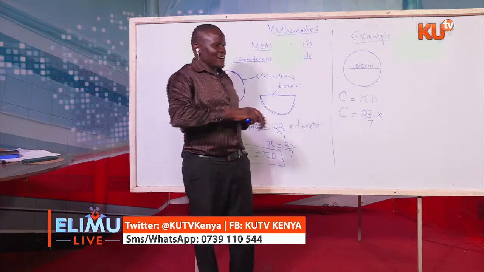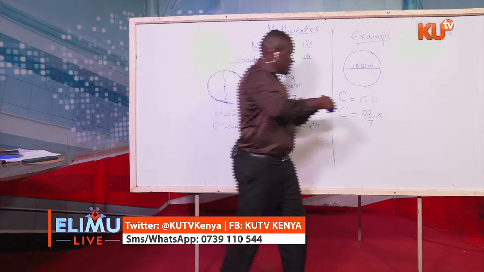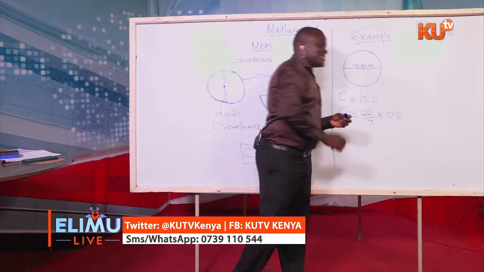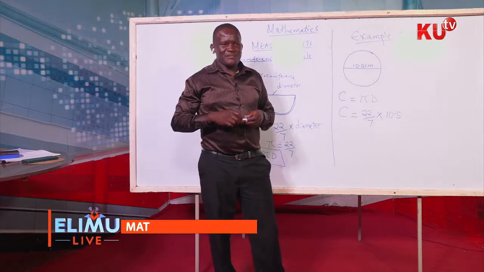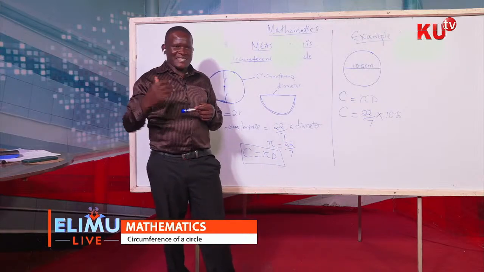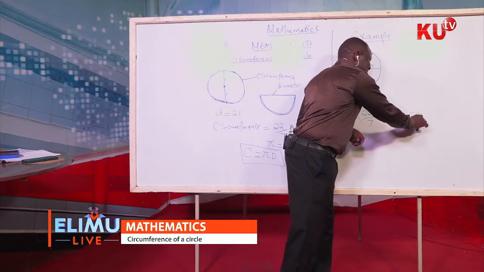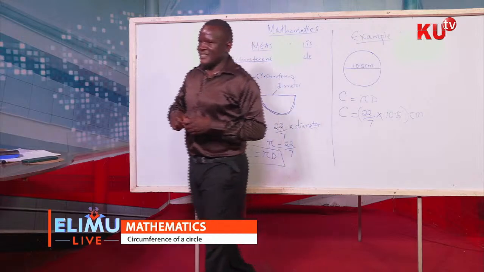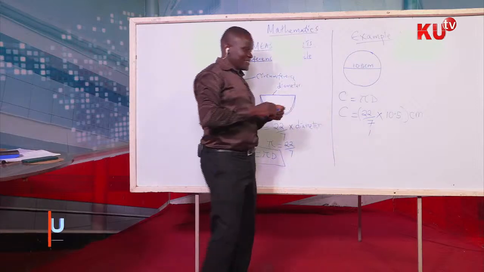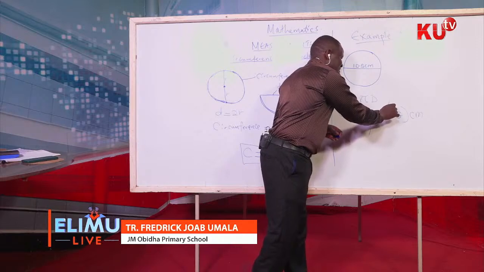In our case, our diameter is 10.5 centimeters. And being that we are working with length, the distance, which is our circumference, everything now will be in centimeters. 7 will go into 7 once, into 10 once.